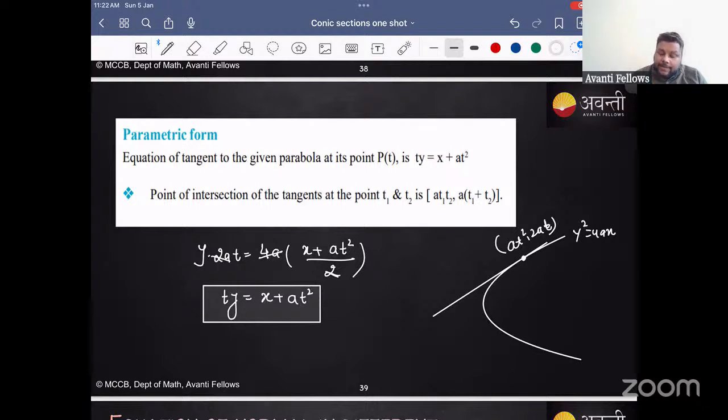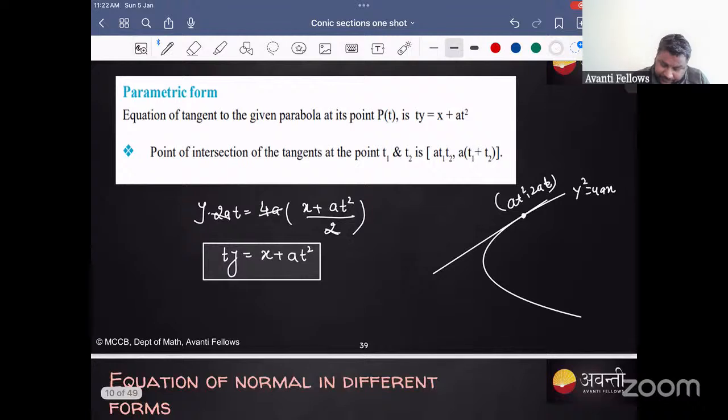Now let us assume there are 2 points. One point was that one, and there is another point (at2 square, 2at2), and this point is (at1 square, 2at1). Now you have drawn another tangent to it.